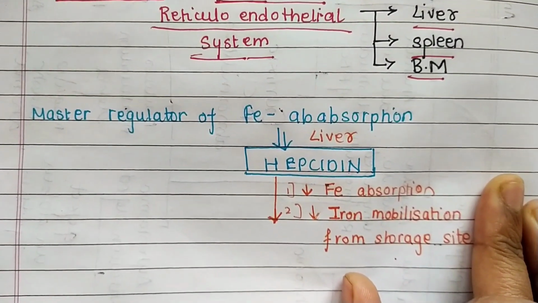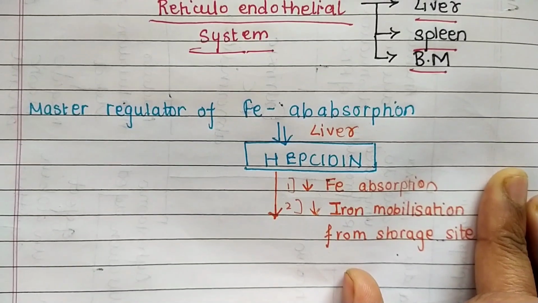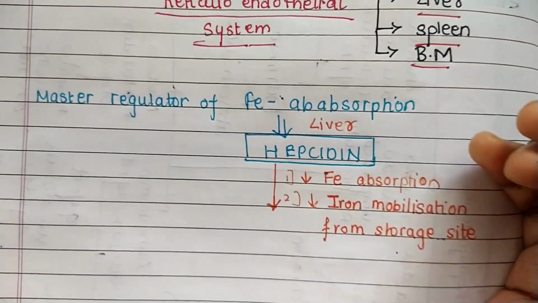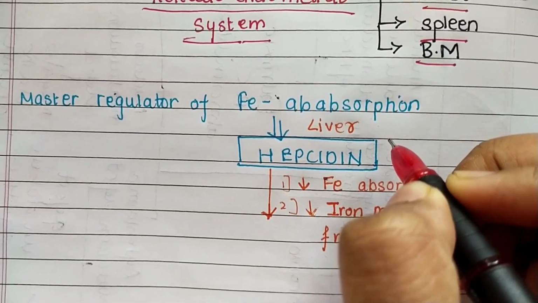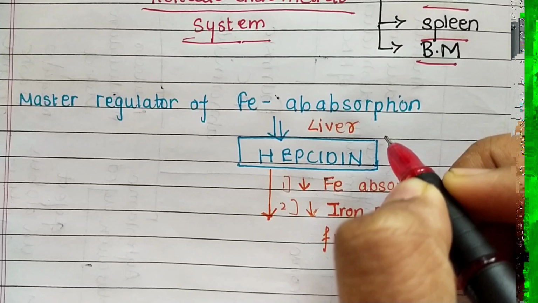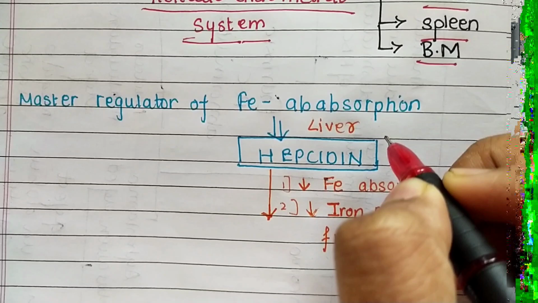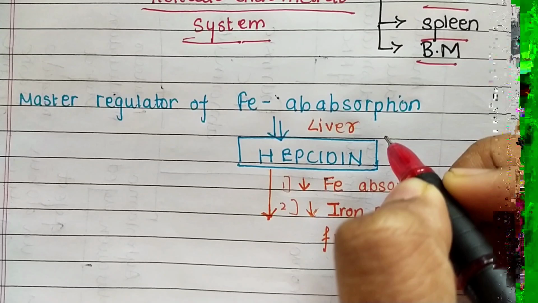Now what is the master regulator of iron absorption? This is very important: in the liver, iron absorption is decreased by hepcidin. So hepcidin is the most important component in the liver which decreases iron absorption.